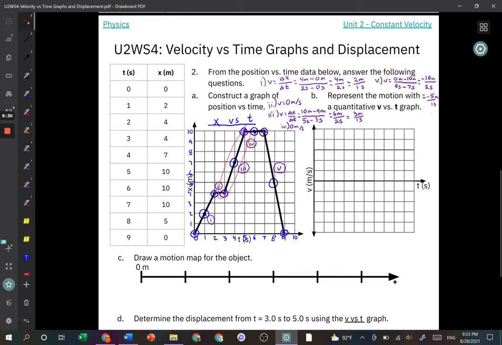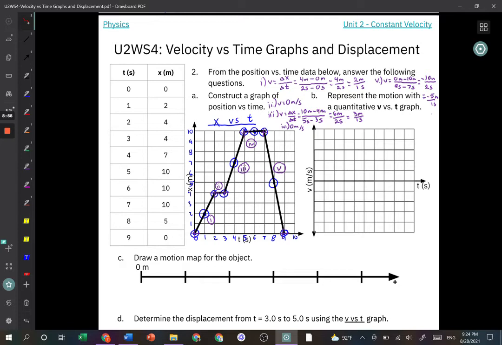Region 3 has a velocity and slope of 3 meters per second. Region 4 of our graph, up here, has a velocity of 0 meters per second. And the last region of the graph, region 5, has a velocity of minus 5 meters every 1 second.